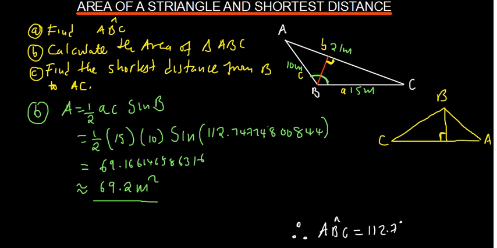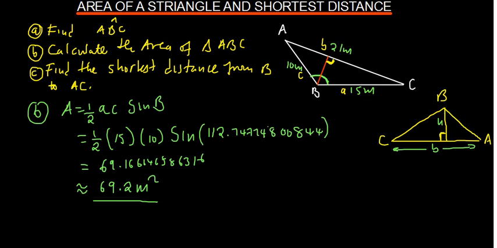So if you see it like this one, finding the area of now a triangle that has 90 degrees, AC is going to be the base, and then from B to AC, this is going to be the height. So what the question is asking is for us to calculate this height. That height is what we call the shortest distance between points.